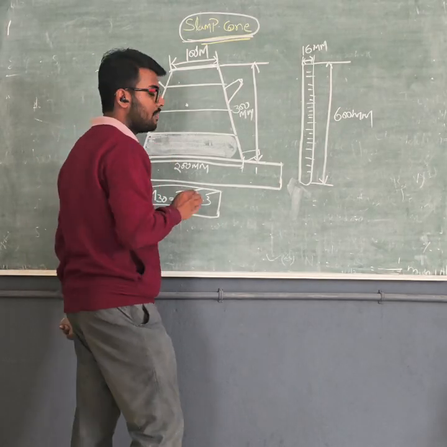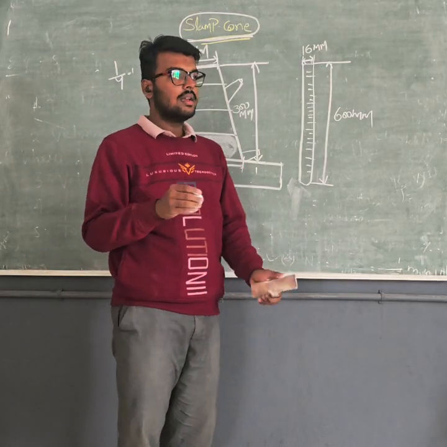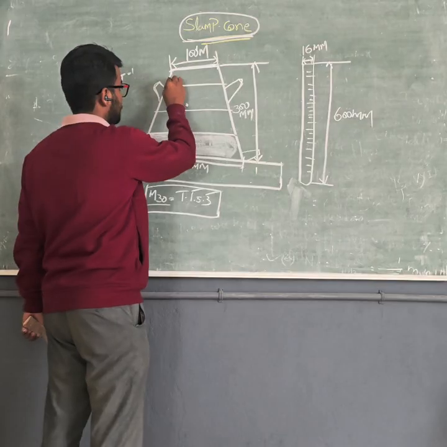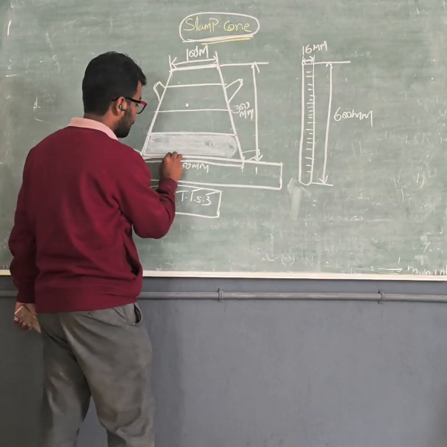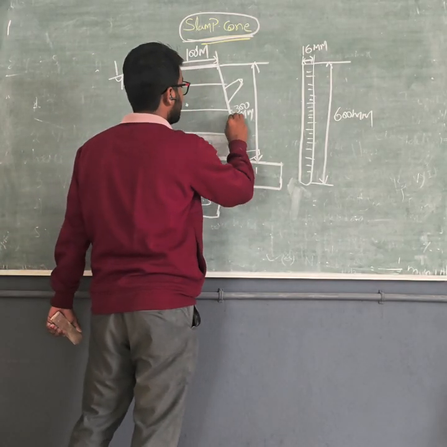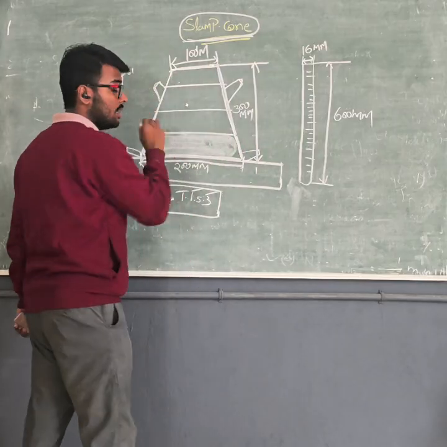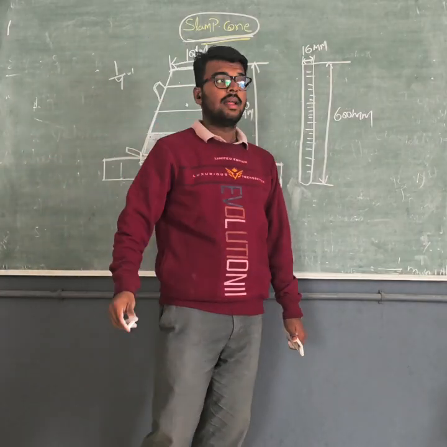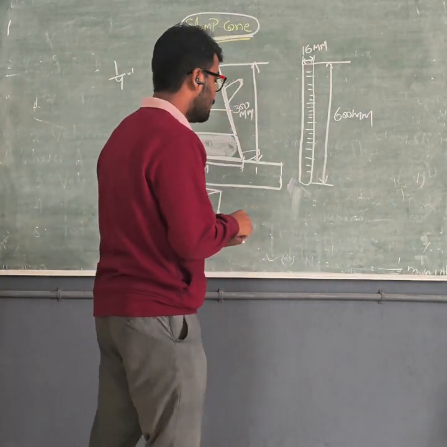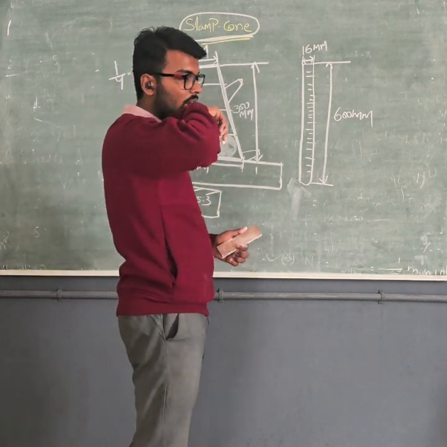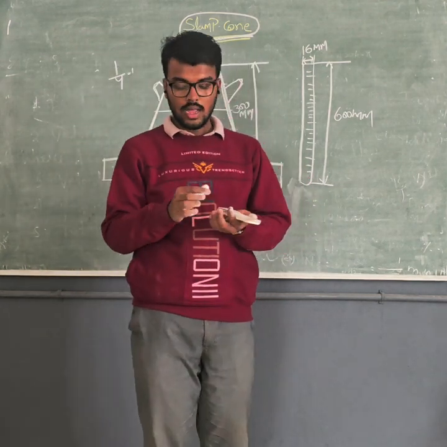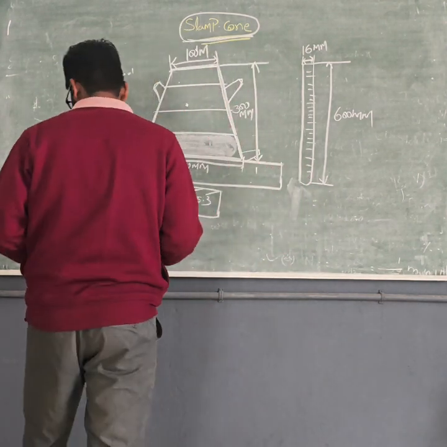After demolding, we find the concrete in the conical mold shape, and then we find the slump value. How to find the slump value? After demolding, we have to see what the condition of this concrete is.